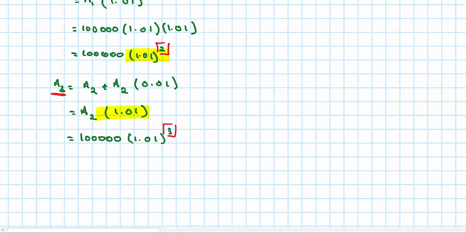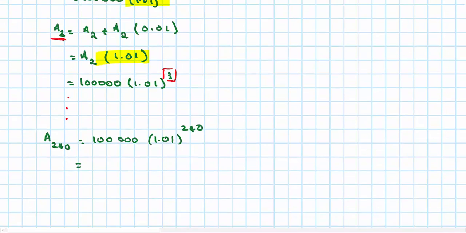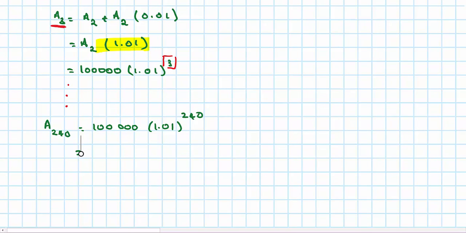I'm hoping you can see there is a pattern here. My last one will be A240, and that's going to be 100,000 times 1.01 to the power of 240. So we can calculate that, and that will be how much money will be there for Frank to collect at the end of 20 years, at the end of the 240th month.